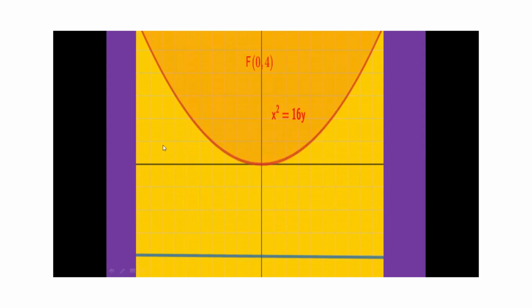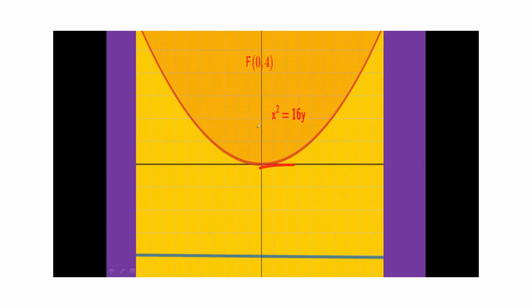This is the equation of the parabola. Its vertex is at the origin and it opens upward, and this is the directrix of the parabola, which is 4 units from the vertex.